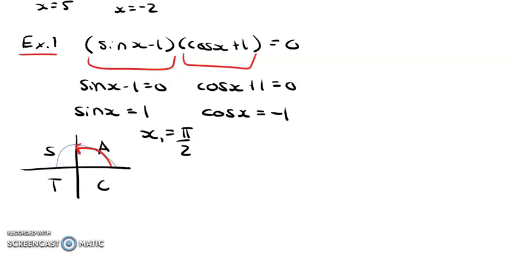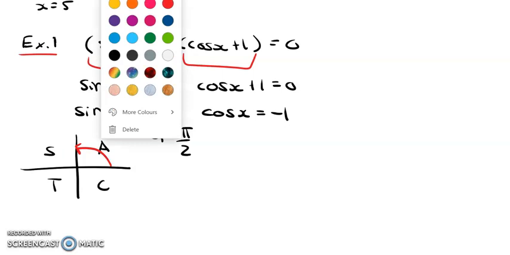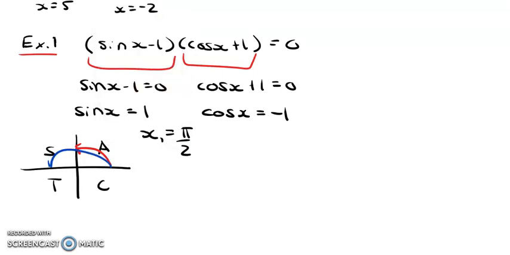Sorry, let's make this a little darker. All right, at pi. So we would say our x2 is pi. And those would be the solutions for this equation. x1 is pi over 2, x2 is just pi. And that's it. That's how you would solve this.